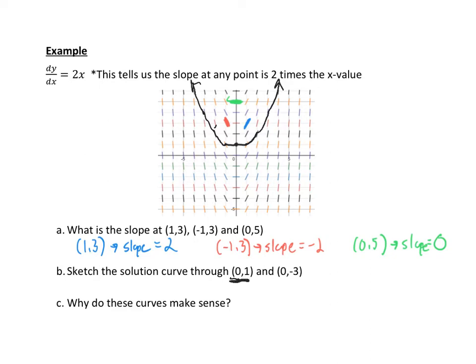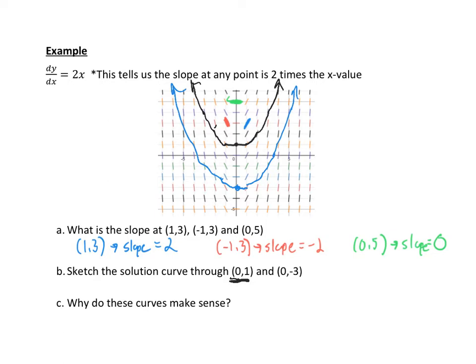Let's look at (0, -3). Starting down here at (0, -3), if you follow those tick marks, you're going to get something very similar to the first one, just with a different starting value. You get essentially the same curve.